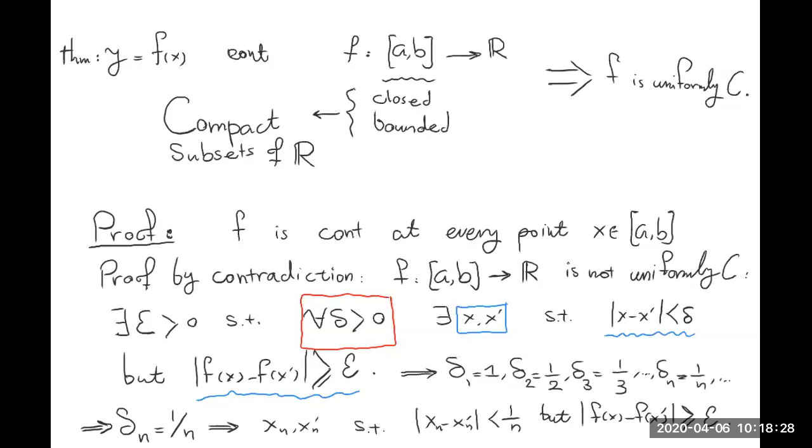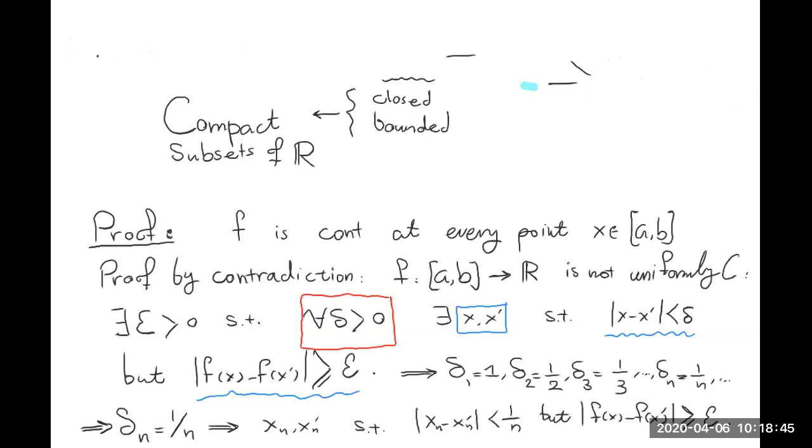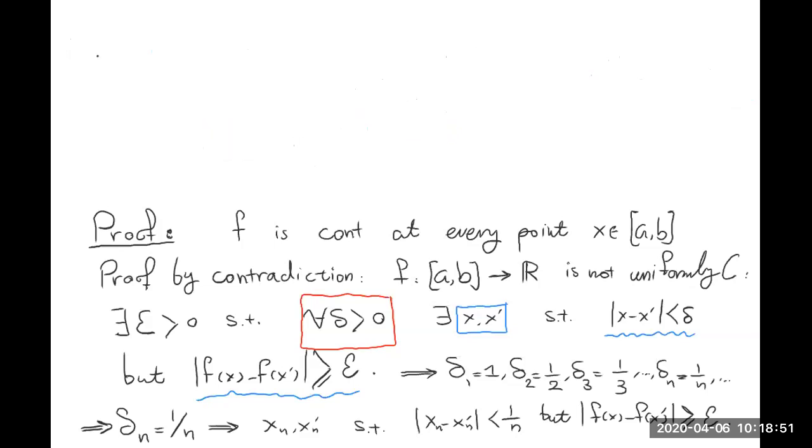Is it clear up to this point? Any question? Okay, I'm going to erase the question itself. Sorry, f of xn and f of xn prime.